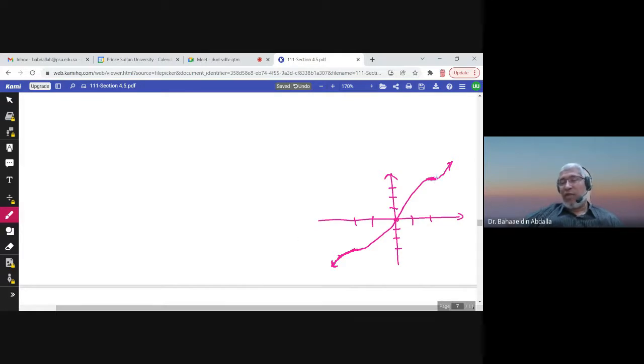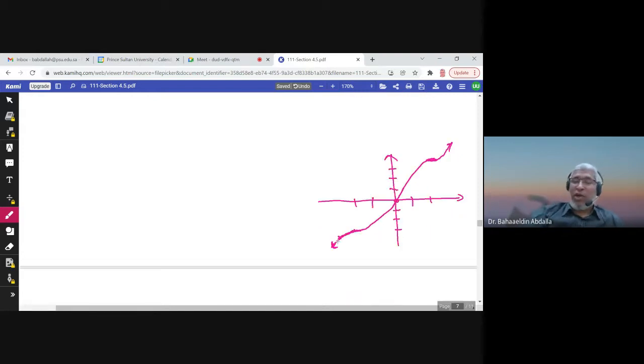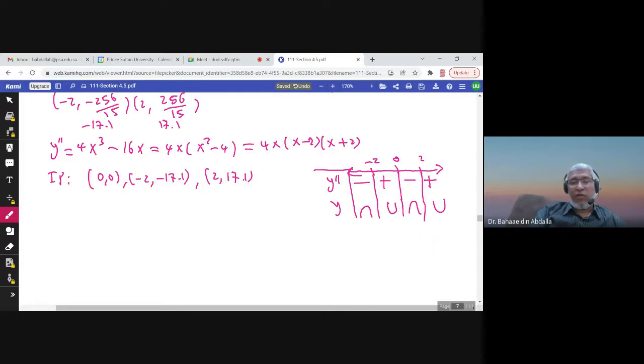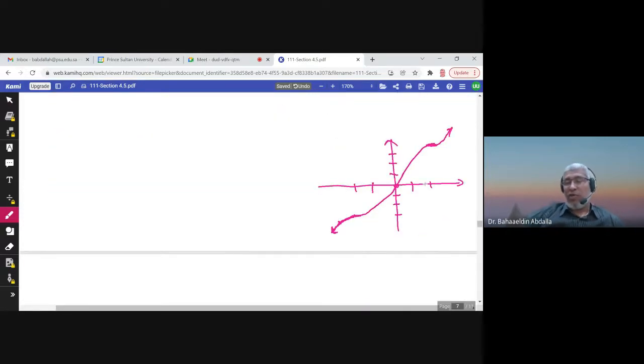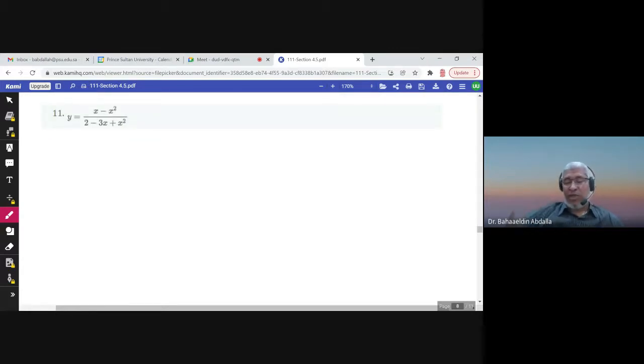Notice we have a horizontal tangent at 2 and negative 2, and this is concave up, concave down. So we have 3 inflection points, 0, 0, 2, and negative 2. So this would be the graph of this function. You may choose more points at 1, at 1.5, negative 1, negative 1.5, 3, 4 to make an accurate graph, but this is acceptable.